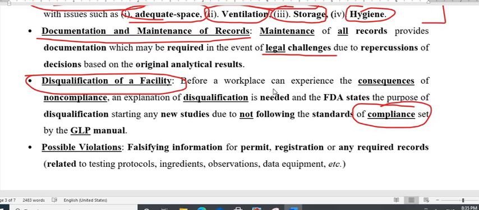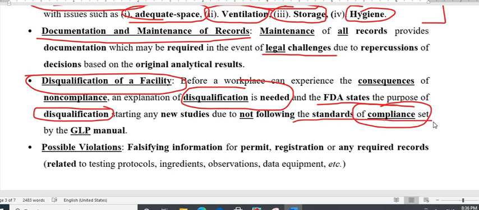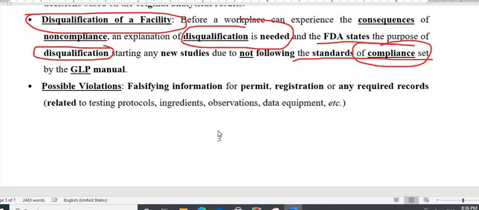Before a workplace can experience the consequences of non-compliance, an explanation of disqualification is needed. And the FDA stated that disqualification should be initiated only when there is non-compliance by the lab.